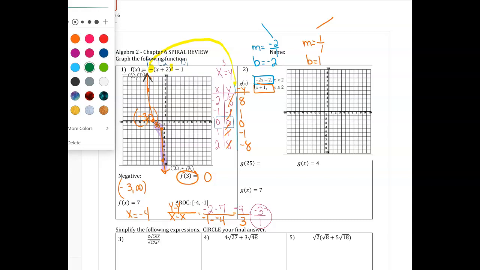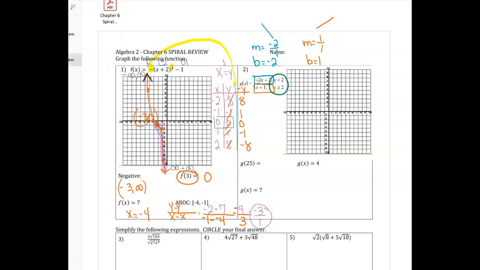Let's see. And I'm going to have this wall restricting my domain. And my 1x plus 1 will go on the right side. And let's see, the negative 2x minus 2 will go on the left side.